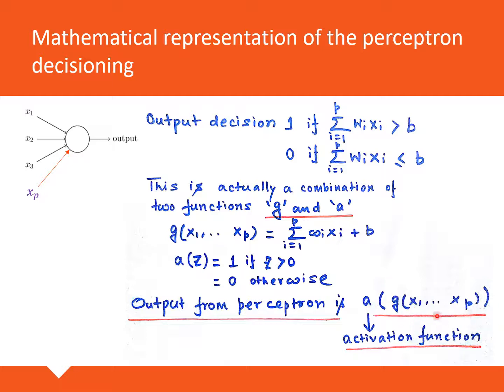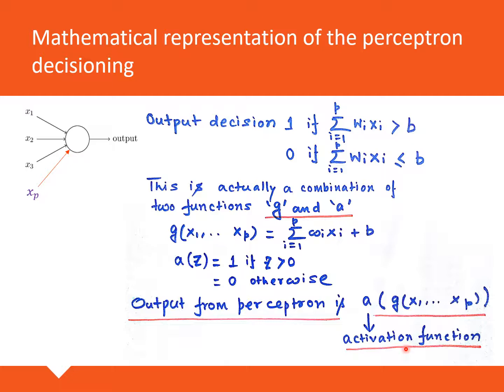So g of x1, x2, xp will actually give us this linear combination, and then a of that quantity will give us the decision as 1 or 0, depending on whether g of x1, x2, xp is positive or negative, right? And it's pretty straightforward. And this function a is actually called the activation function, right?